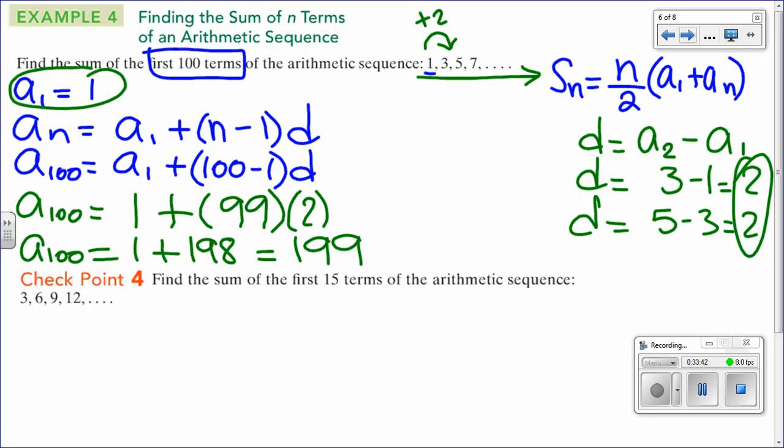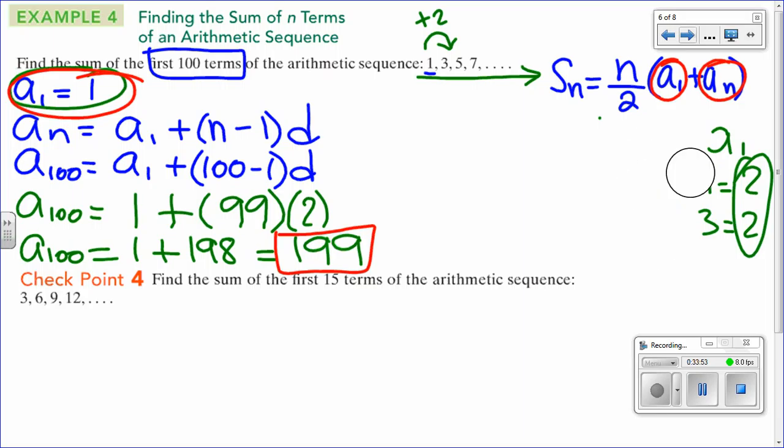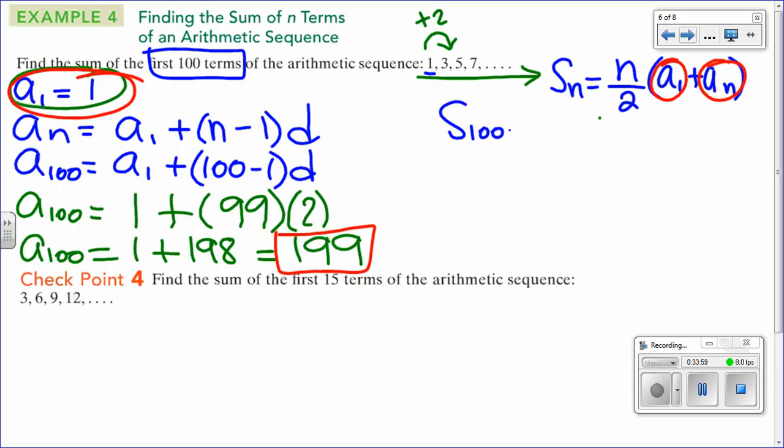So now for our formula that we have here, we're going to need the first and the last. We have them. And of course, we need the number of terms. So for the first 100 terms, we will have 100 divided by 2 times the first term, which was 1, and the last term, which is 199.